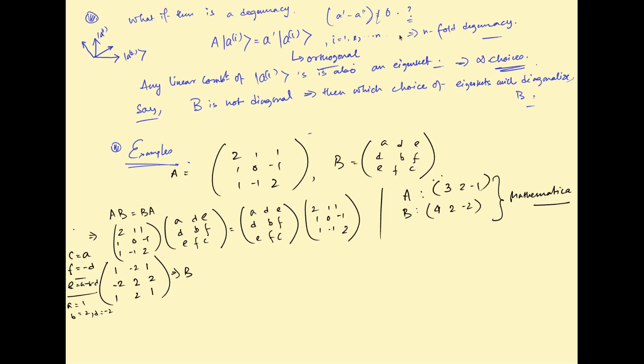So there are n eigenvectors which have the same eigenvalue. So it is called n-fold degeneracy. If I act this on this, I get A prime times this |A_i>, and A prime is the same for all these i's.